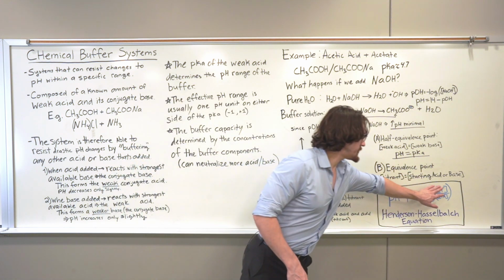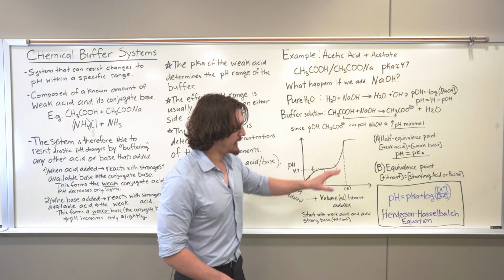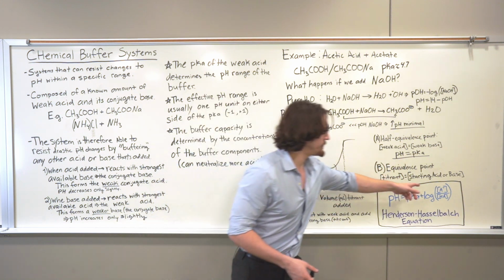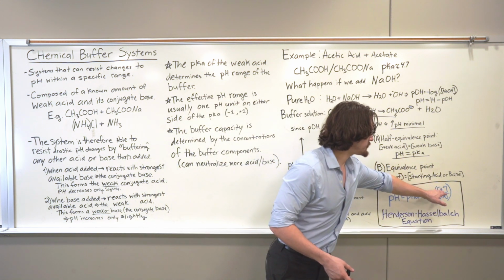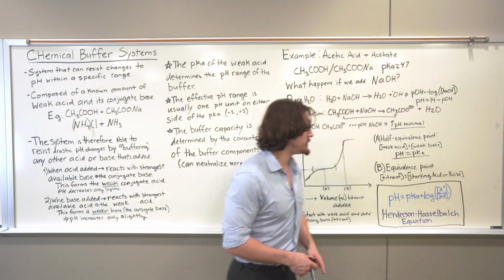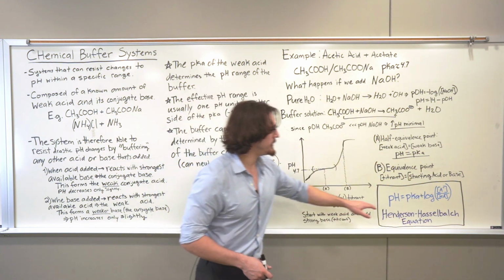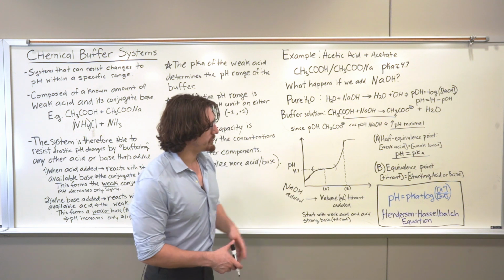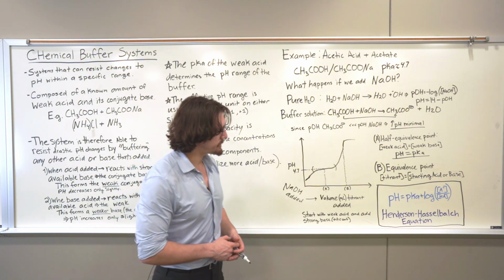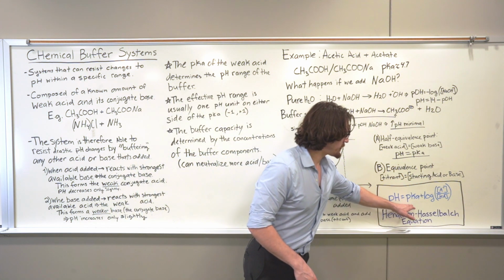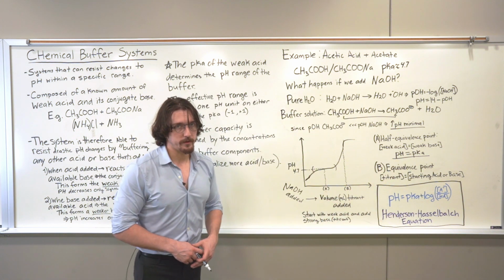Or if you knew the concentrations of those, you could calculate the pH at a certain ratio of these concentrations: given a concentration of A minus and a concentration of HA, given that ratio, what is the pH if you know the pKa of the conjugate acid? Okay, and this is a really important equation to know that comes up very frequently on the MCAT.